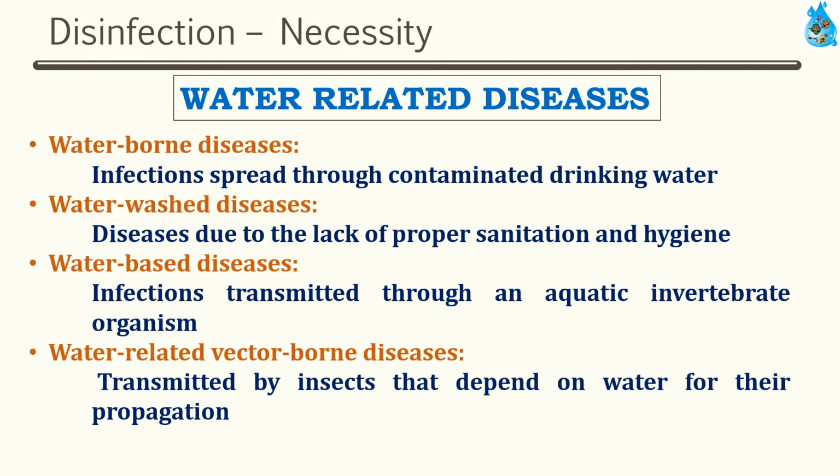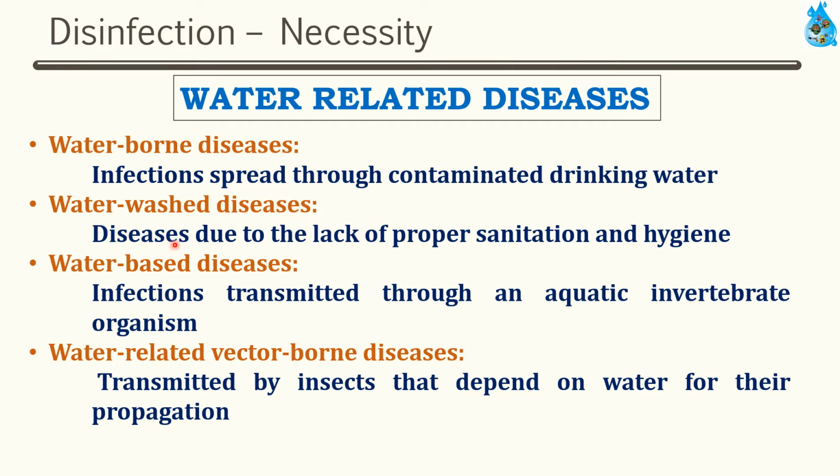It is necessary to study the water related diseases. These water related diseases are broadly classified. First, waterborne diseases. These are nothing but infections spread through contaminated drinking water. So if your source is contaminated, and you are drawing drinking water from such a source, then these infections are termed waterborne diseases. Then water wash diseases.